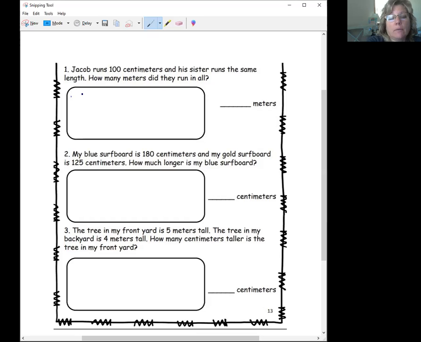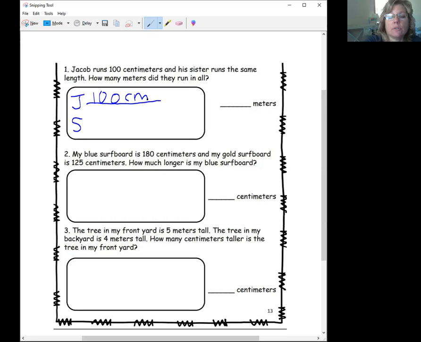So I put the letter J for Jacob and S for his sister. And Jacob runs 100 centimeters. So here we go. This is 100 centimeters. Okay, you can draw that on your paper.